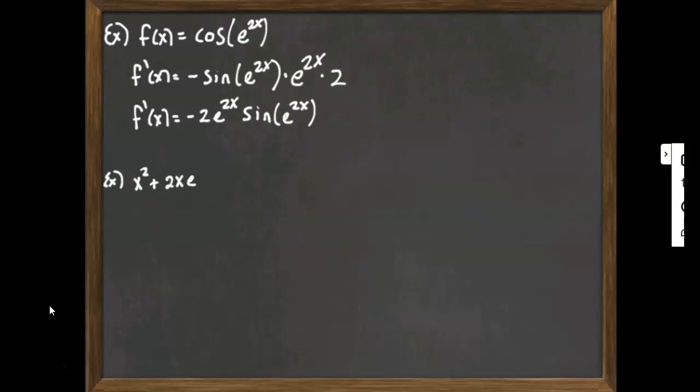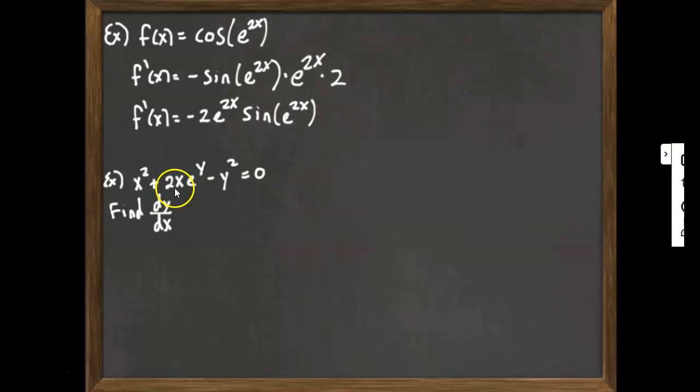Another example, this is one kind of review, something we haven't done for a while, and that's implicit differentiation. So here we have a function x squared plus 2x e to the y minus y squared equals 0, and we want to find dy dx. So remember, the process for implicit differentiation is we go through and differentiate.